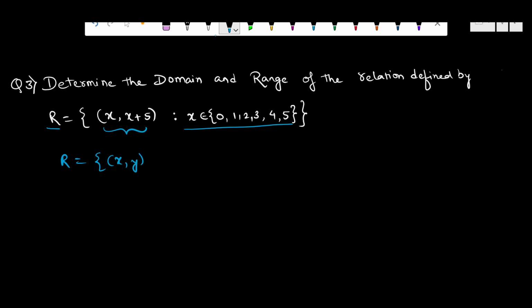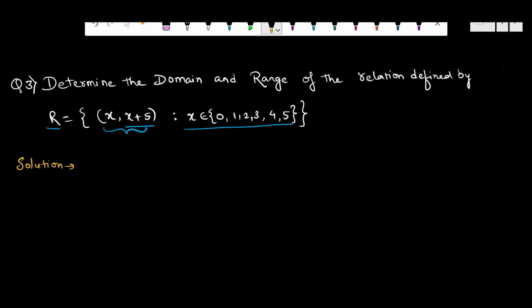X comma y such that x belongs to this 0, 1, 2, 3, 4 and 5. Now in place of y we have x plus 5, right? So let us construct this relation first so as to get the domain and range.